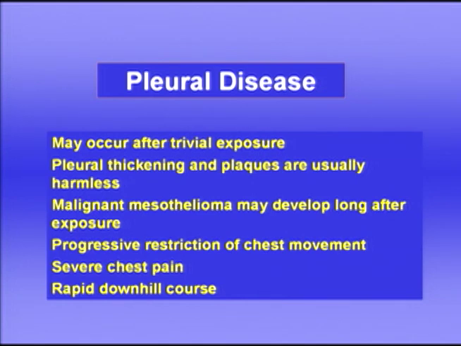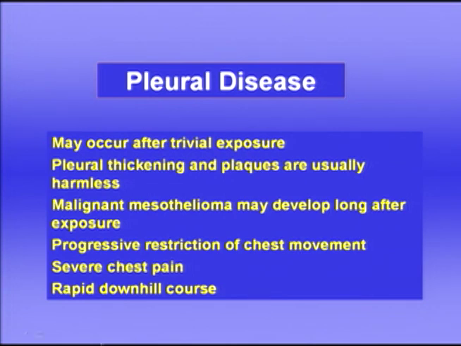Quite frequently you get some pleural thickening, which you can see on the radiograph, and plaques, but they're usually harmless. But you can develop what's called a malignant mesothelioma, cancer of the mesothelium lining the lung, the pleura, and that can develop long after exposure. Many, many years after exposure, you can develop this mesothelioma.